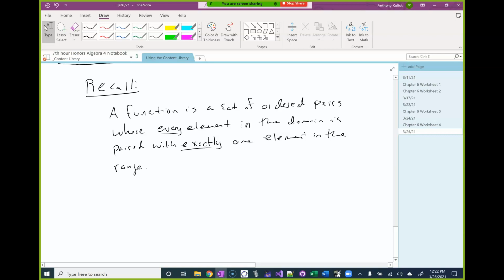So we had a couple of different ways you could represent a function. You could represent it naively with a set of ordered pairs.